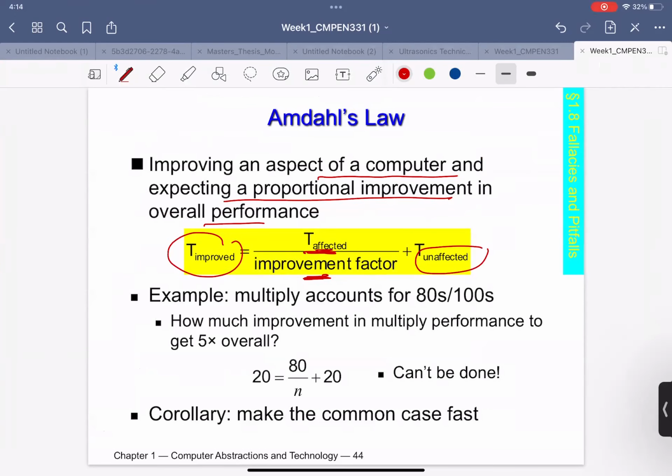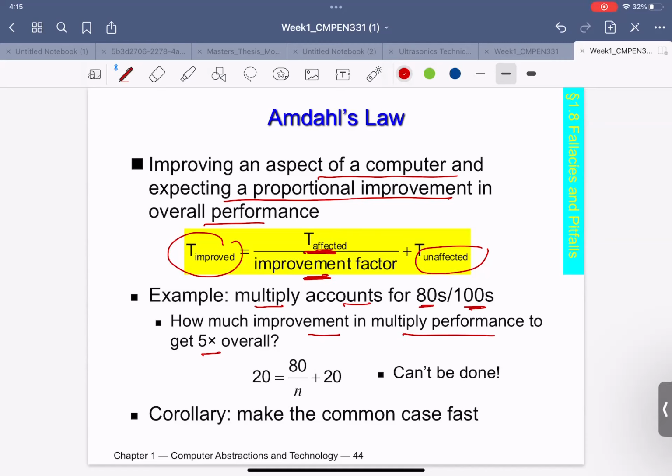So going back to this slide again, let's see that example. Multiply accounts for 80 seconds out of the whole 100 seconds. So we don't have an addition operation here, we have a multiplication operation, and this multiplication is 80 seconds out of the whole 100 seconds. And the question is, how much improvement in multiply performance to get 5 times overall performance?